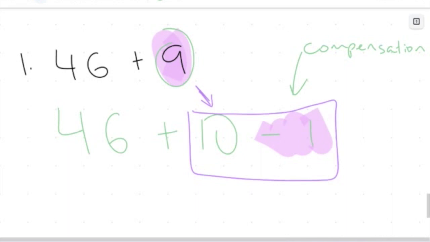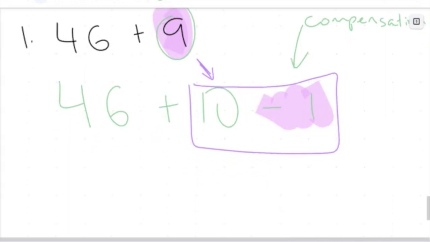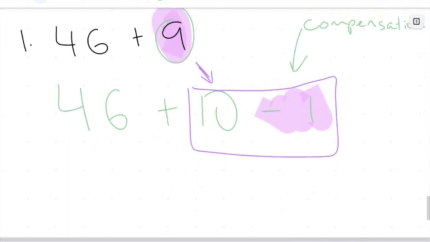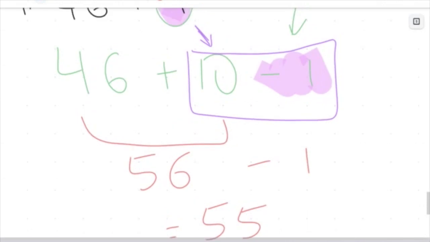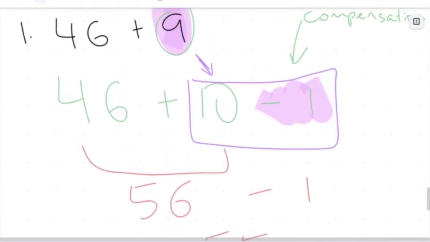So if I add 10 and subtract 1, that gives us the same effect of just adding 9. Now, if you look here, this becomes a lot easier to work through because 46 plus 10, what does that give me? That gives me 56, and I'm minusing 1 from that, which now gives me 55. So if I was doing this in my head, it would be a lot easier actually to just compensate, so to add 10 to 46 as opposed to 9 because it's a nice round number.